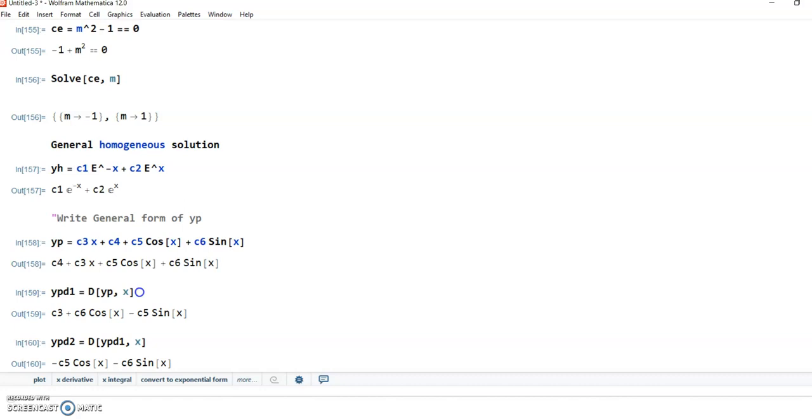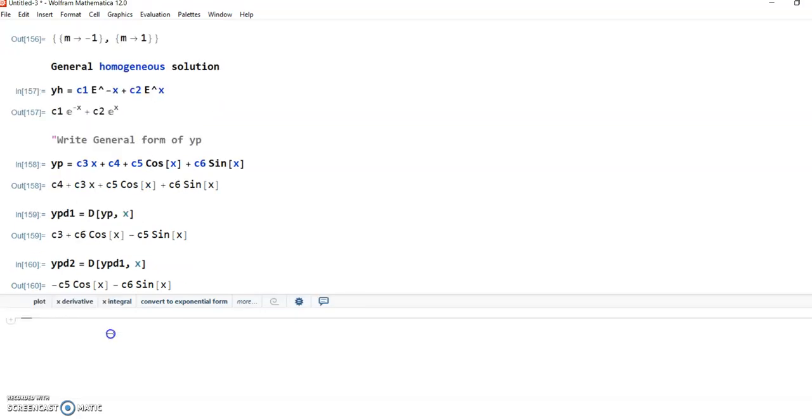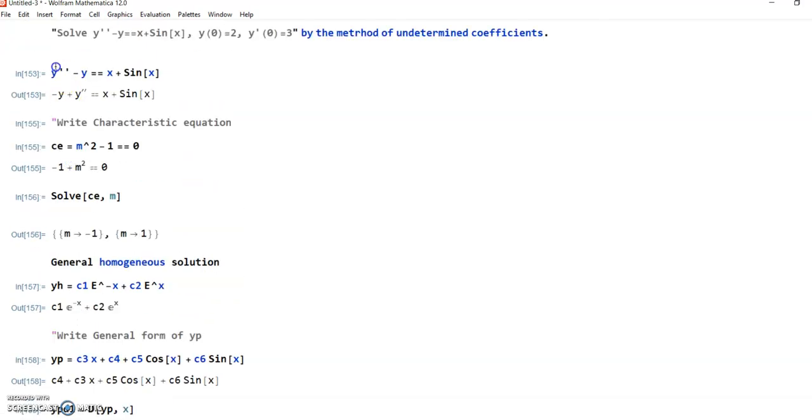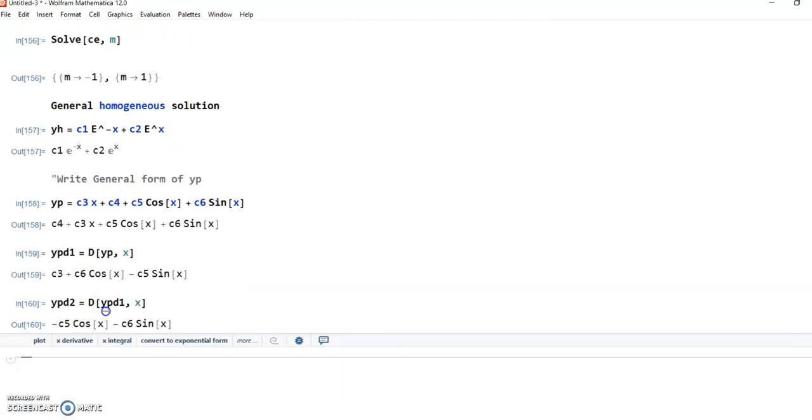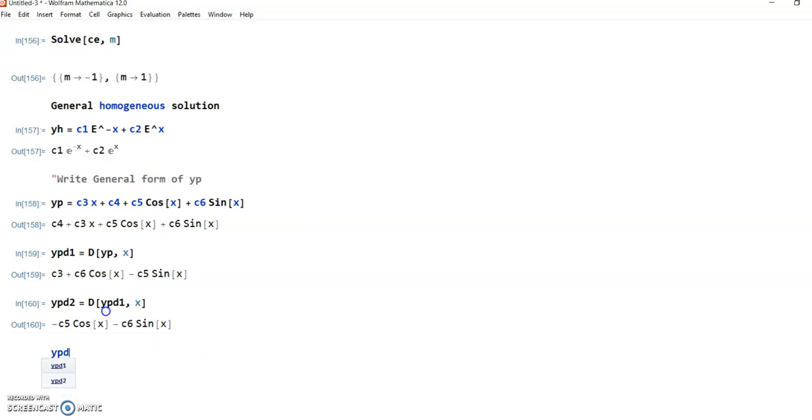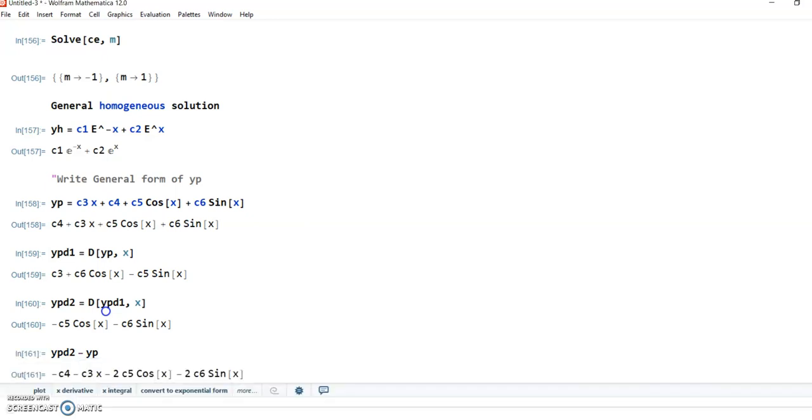So now we can input these values of the second derivative and the yp into the original equation. The original equation had the second derivative and the yp. So I will put yp d2 minus yp.